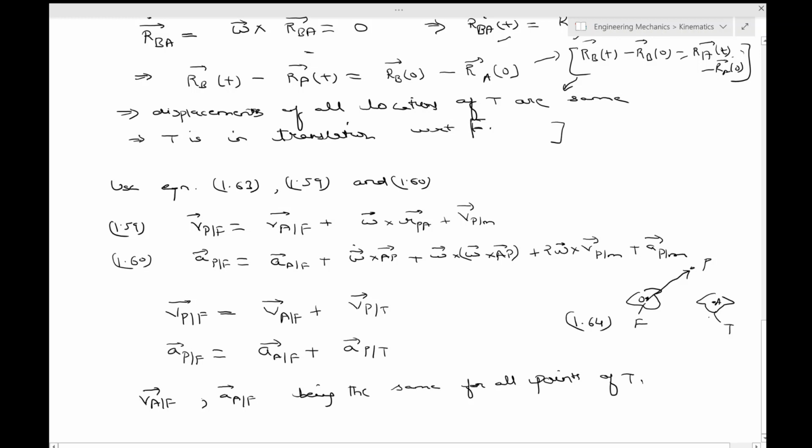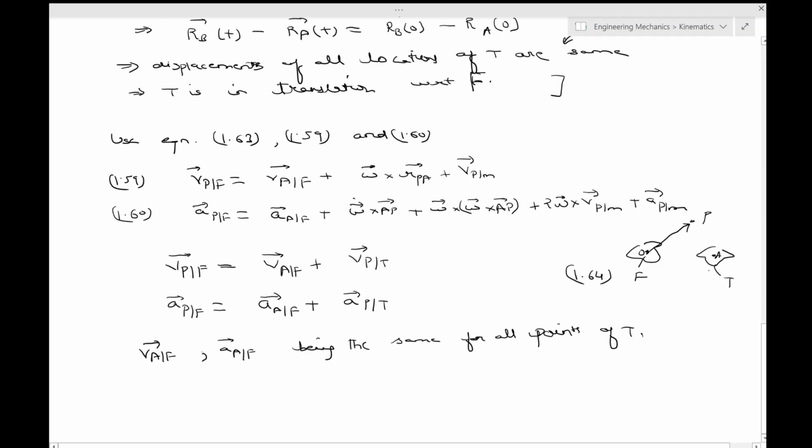Okay. Now you have to use 1.63. What was 1.63? Since it has gone from the screen now, I'll write it over here. Okay, this is 1.63.